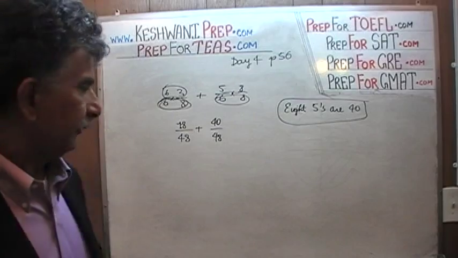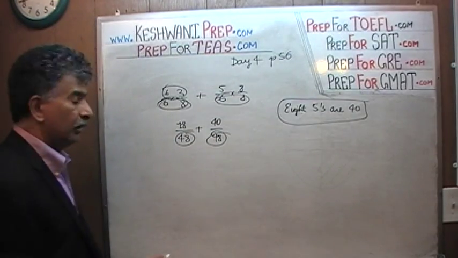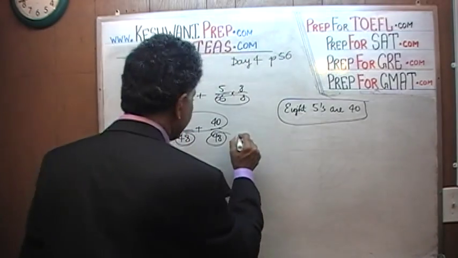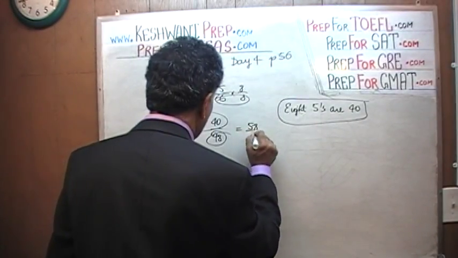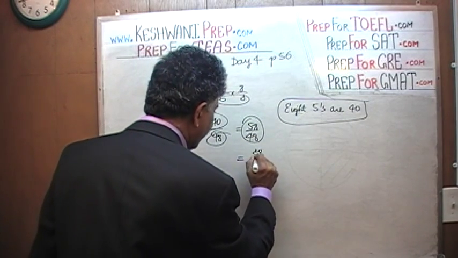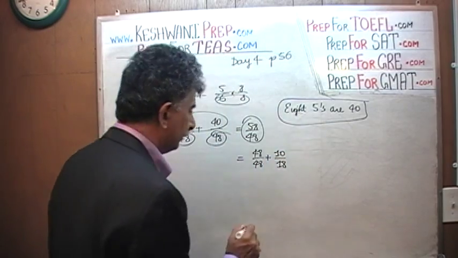8 5s are 40. So here we have 48, here we have 48, we have the common denominator. All we have to do now is to add up the top. 18 plus 40 is going to give us 58. So we end up with 58 over 48. 58 over 48 can be written as 48 over 48 plus 10 over 48.